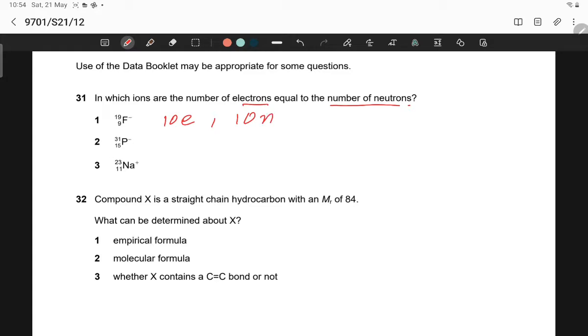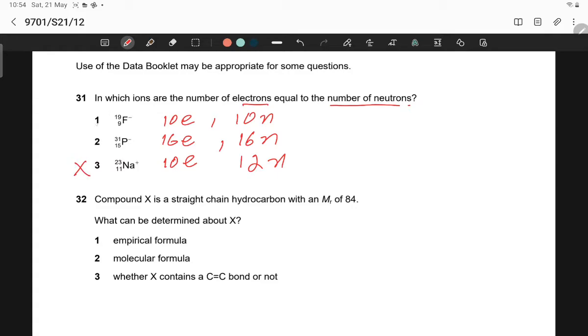In this compound, 16 electrons, minus 1, 16 electrons and 16 neutrons, and this contains 10 electrons and 12 neutrons. So the same number of electrons and the same number of neutrons should be there, not in all statements.